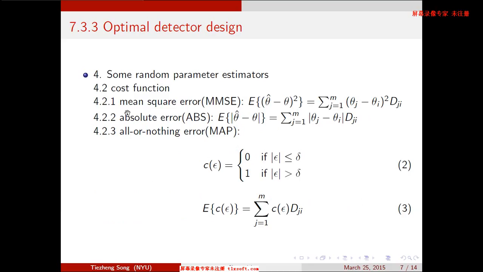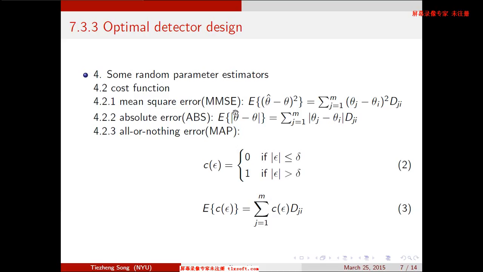This is the mean square error estimator, which looks like this. By finding the minimum of this value, we can get the estimator of the parameter, which is theta hat.